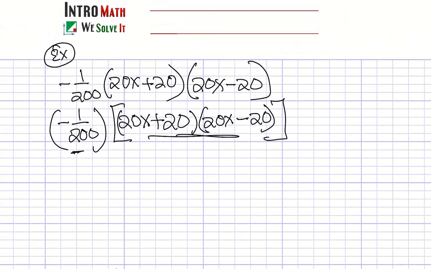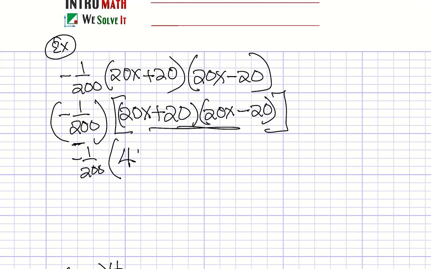Okay. So we say 20x. We keep going. 1/200. 20x times 20x. That's a lot of multiplying, man. 20 times 20, what is that? All right, that's 400x squared.